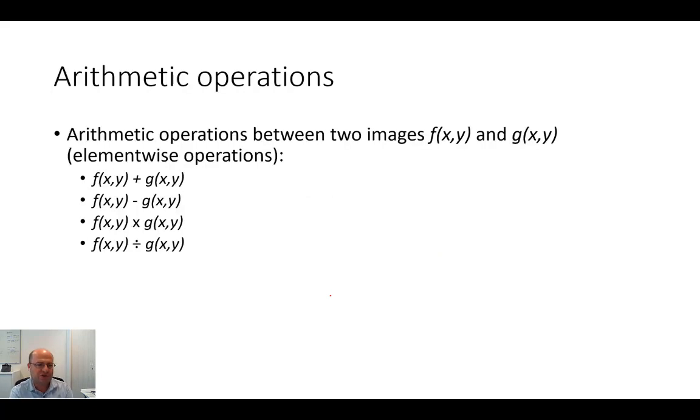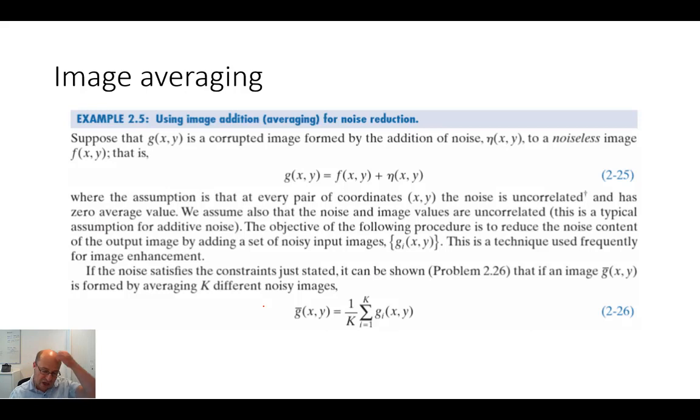And we have a whole bunch of arithmetic operations, and they are all usually element-wise operations. If you read something like f(x,y) plus g(x,y), what you're doing is summing two images, element by element, pixel by pixel, or subtracting, or multiplying, or dividing, and these are just arithmetic operations.